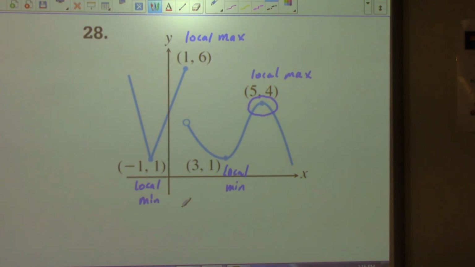Okay, let's see, increasing on, where's the function increasing? Negative 1 to 1. Anywhere else? 3 to 5. Anywhere else? That's going to be it, right?